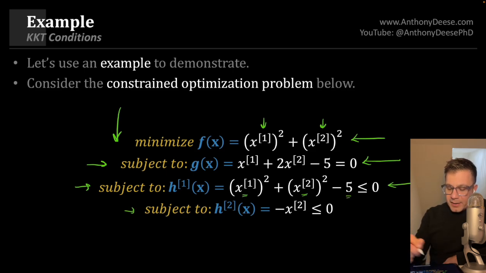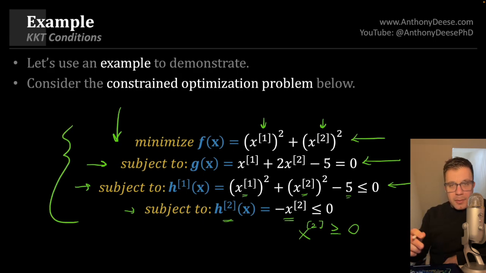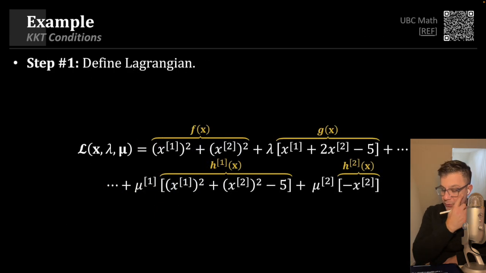And then a second inequality constraint, which says that x2 must be greater than or equal to 0, but we've put that in terms of a less than or equal to inequality constraint by multiplying it by -1. So this is the example problem that we're going to use to demonstrate how the KKT conditions may be practically used.